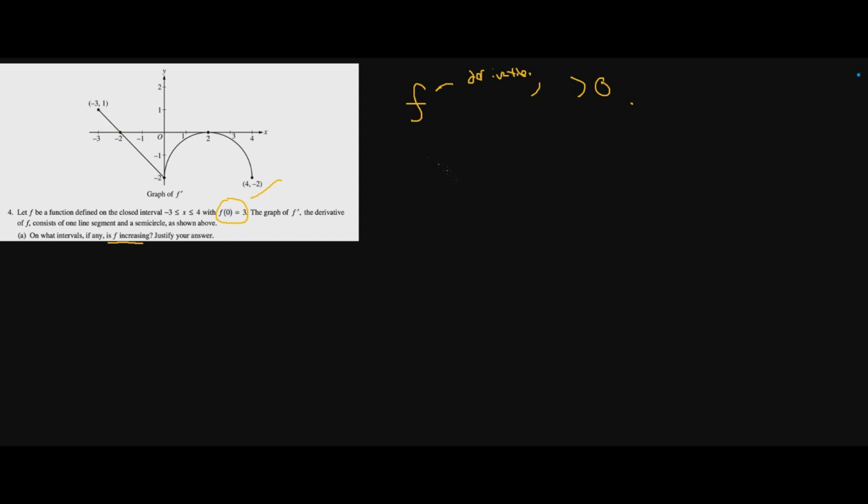So we could really just come in right away in part A and say, f is increasing on -3 to -2. You can put brackets if you want. We usually don't include the endpoints.